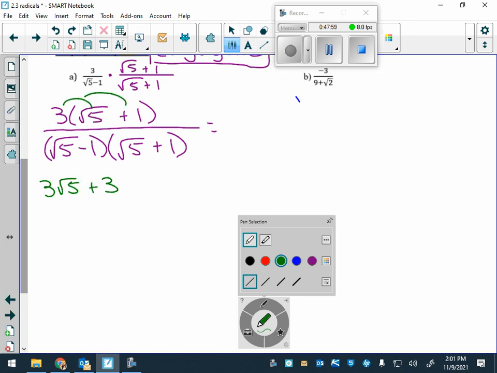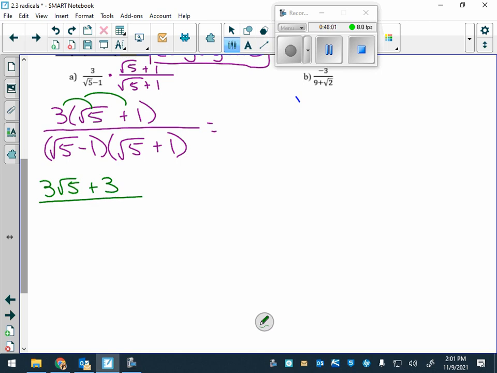So that's distributing, right? Then the denominator looks like what we did for multiplying, right? We're going to go all the way through so you see what happens. So what is the square root of 5 times square root of 5? 5, good. Okay. Square root of 5 times 1 is just the square root of 5. Negative 1 times square root of 5?